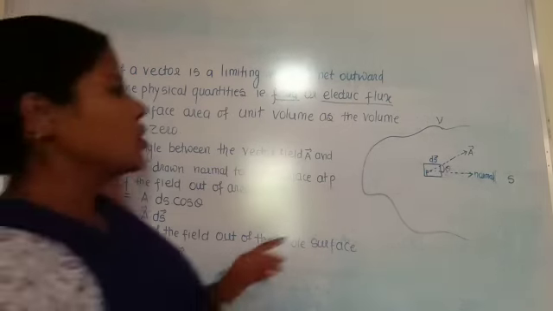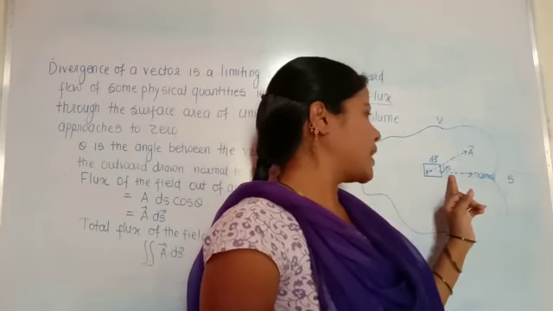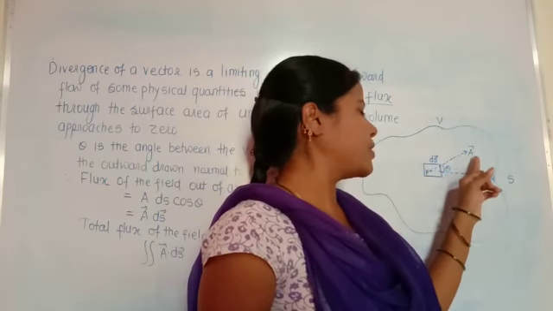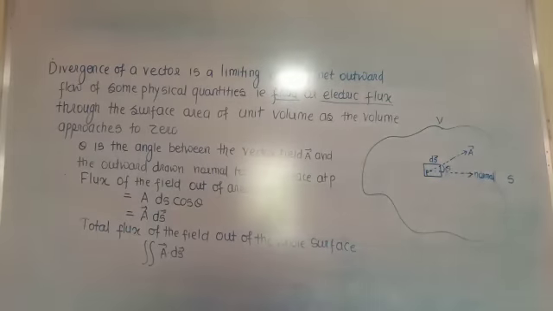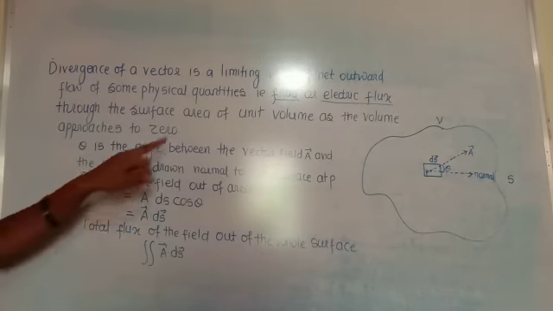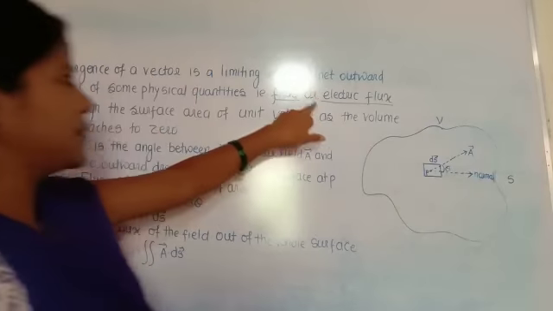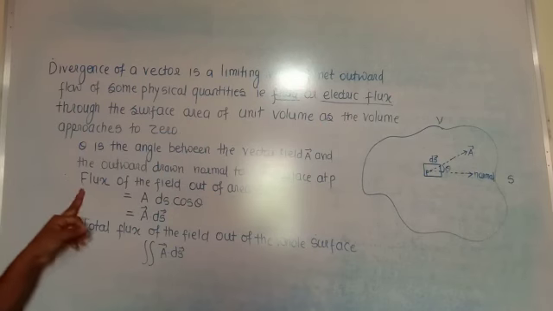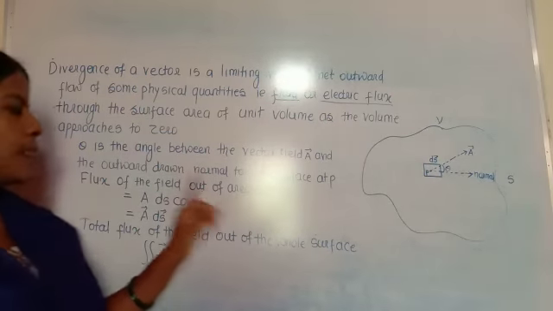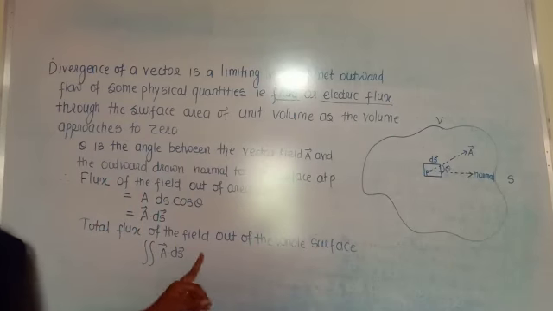Theta is the angle between the vector field A and the outward normal to the area ds. Then we calculate the flux of the field, because we are calculating the electric flux, the limiting value of the net outward flow of some physical quantity. This is the flux of the field out of the area ds, and this is the total flux of the field out of the whole surface.